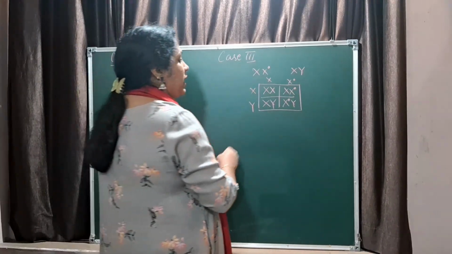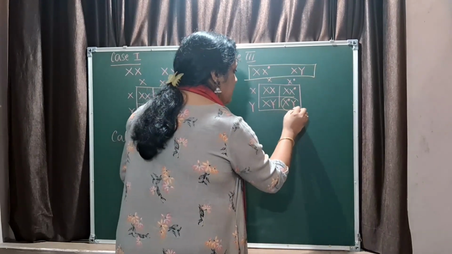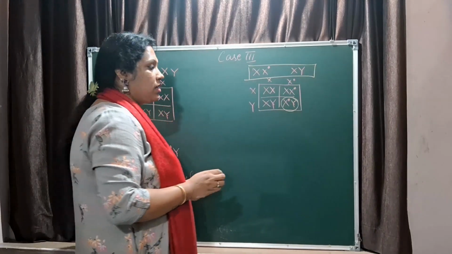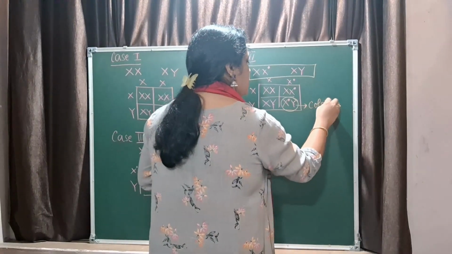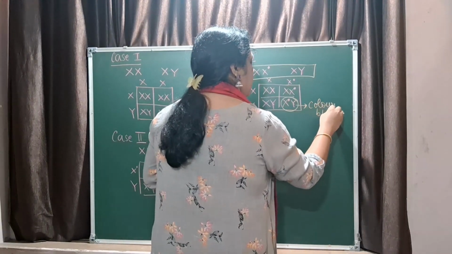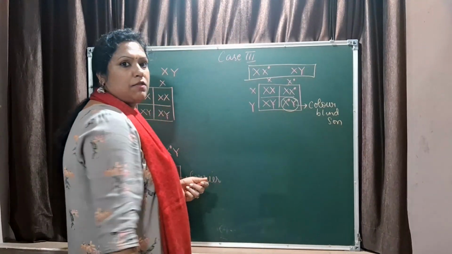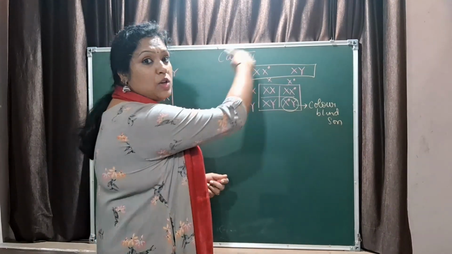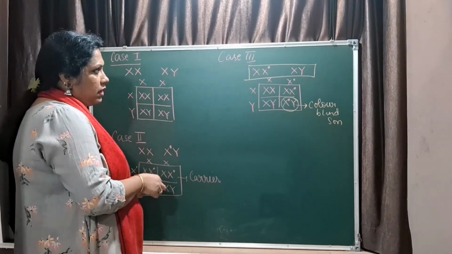So though the parents are not showing the trait, it has appeared in the next generation. This is going to be a colorblind son. 50% of the sons will be colorblind, and 25% of all the children are colorblind. So you should know how to get the percentage, right?